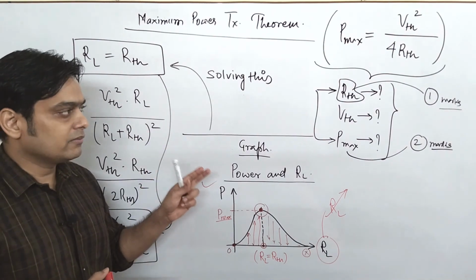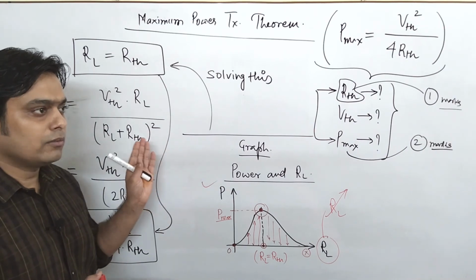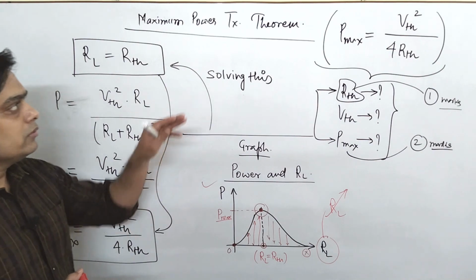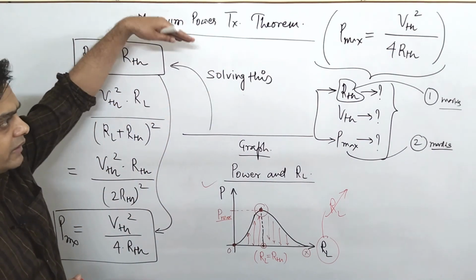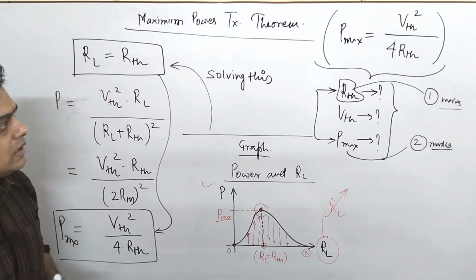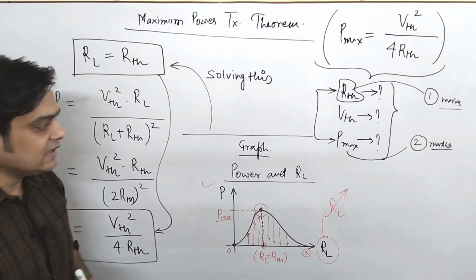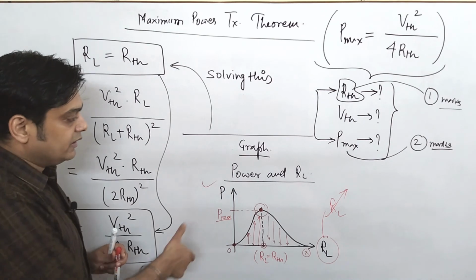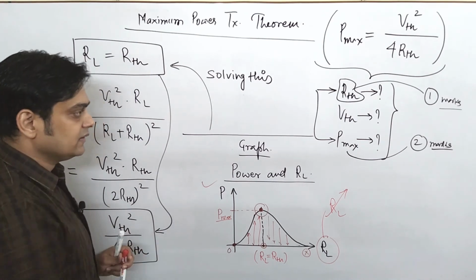There are certain problems asked in GATE from the AC point of view through the maximum power transfer theorem, so we will cover that in the AC topic. As of now, we have seen in DC how to find the maximum power, and finally how to understand this graph.